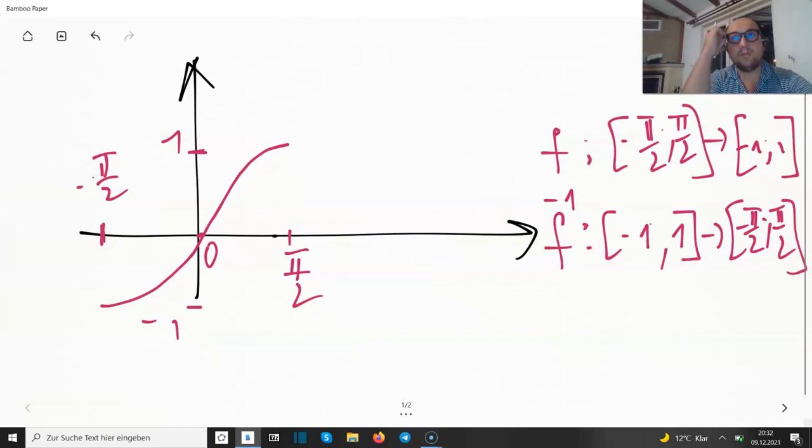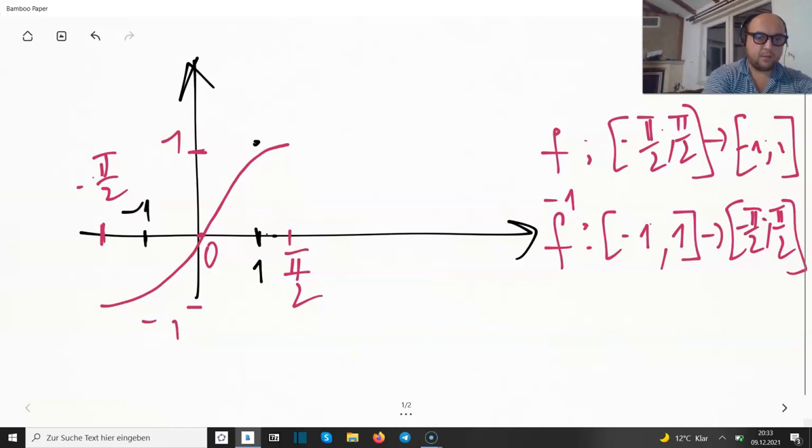Pi divided by 2 is approximately 1.56 or something. So we're here at 1 somewhere, or maybe even closer to the origin, and so this is 1, 1. So the inverse function, minus 1, minus 1.